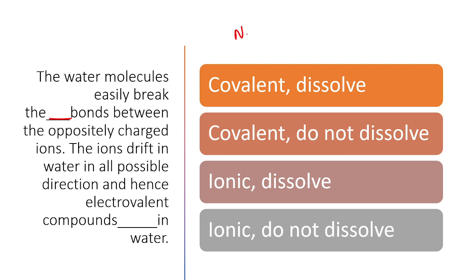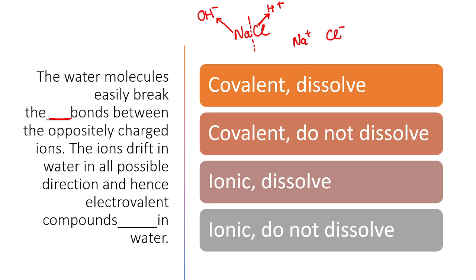So suppose there is sodium chloride, and there are water molecules around. So there will be OH minus and H plus. H plus will attract chloride towards itself, OH minus will attract sodium towards itself, and hence the ions will drift and form sodium ion and chloride ion.